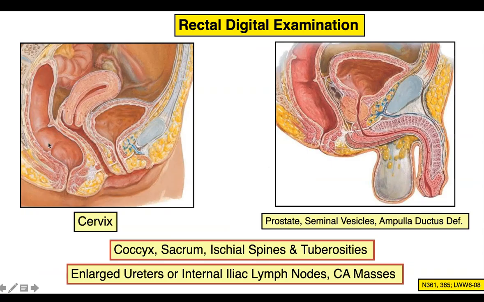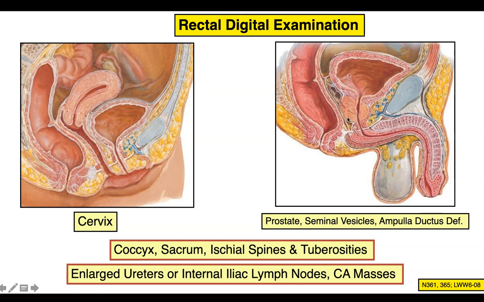So the rectum ends at the anal canal right here. The anal canal is the most narrow part, and the rectum goes through the pelvic diaphragm muscle, and it lies in front of the sacrum and the coccyx. The sacrum and the tip of the coccyx lie posteriorly, and in the female pelvic cavity, the anterior relations of the rectum are the cervix of the uterus and also the vagina.